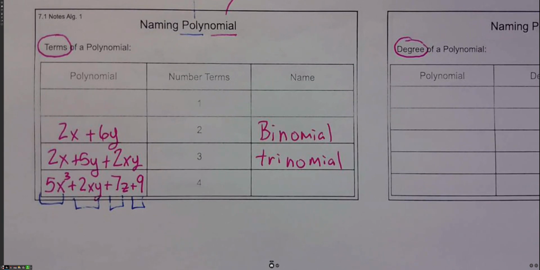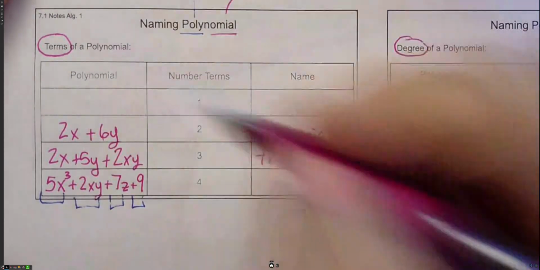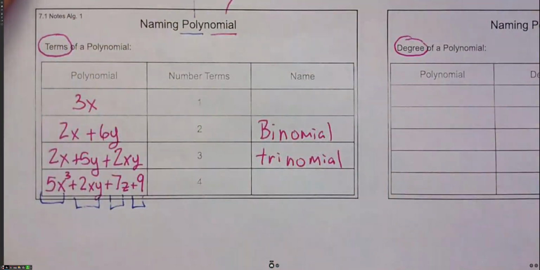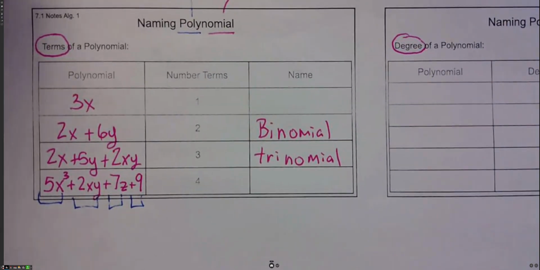And then we have, what would a one-term polynomial look like? 3x, love it. Okay. What is it when you eat by yourself?